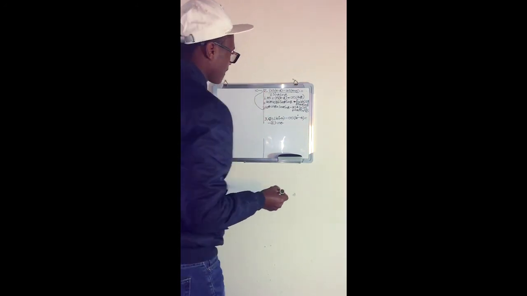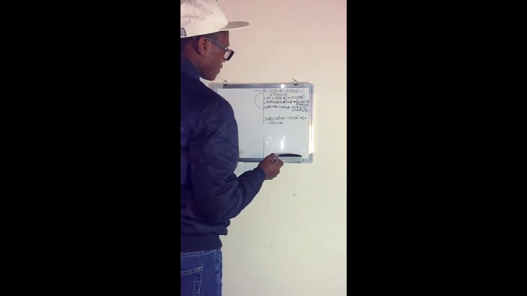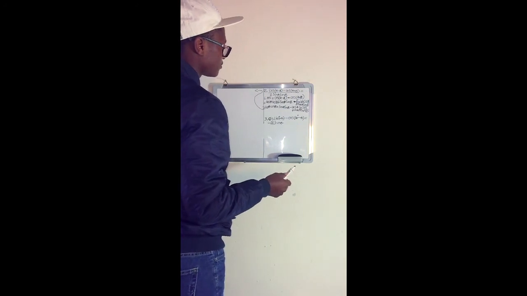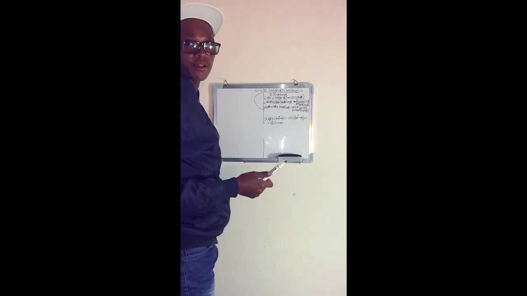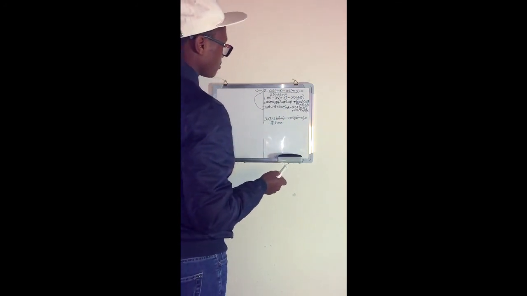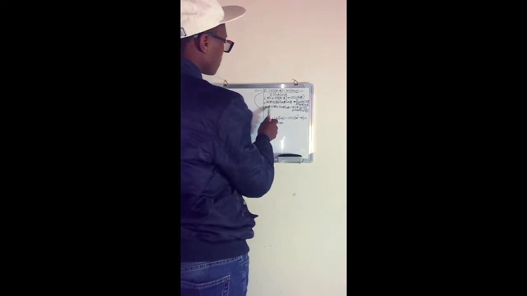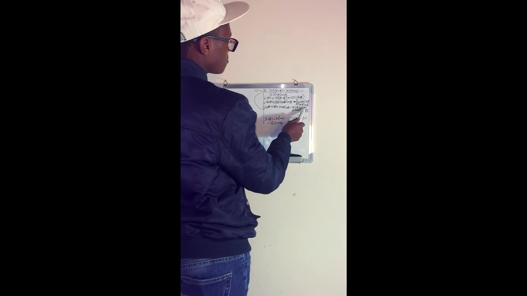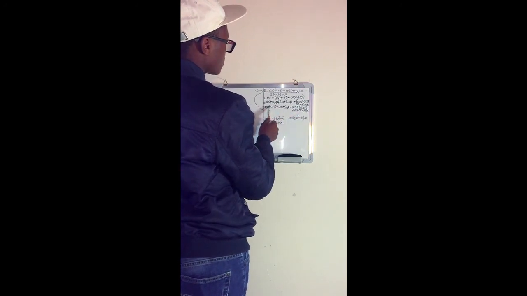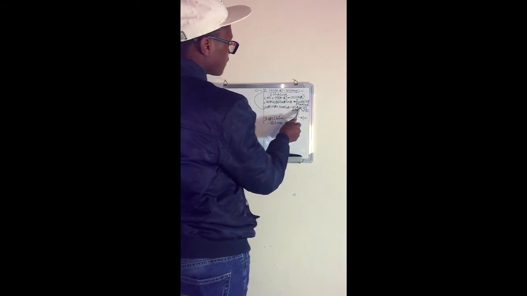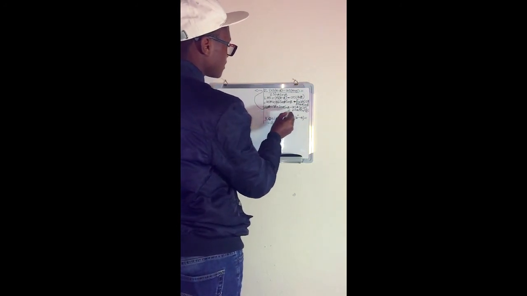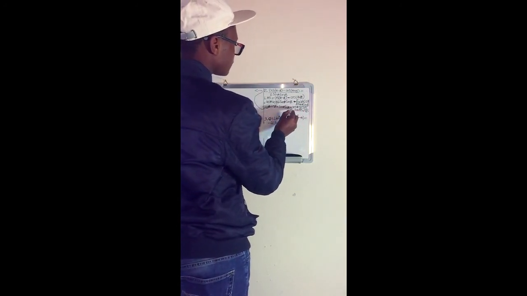So after that, we're going to look at the like terms. So you can see we have cos A cos B, and then we have cos A cos B, and this one is positive, this one is negative, and then they are the same. It means they are going to cancel each other.